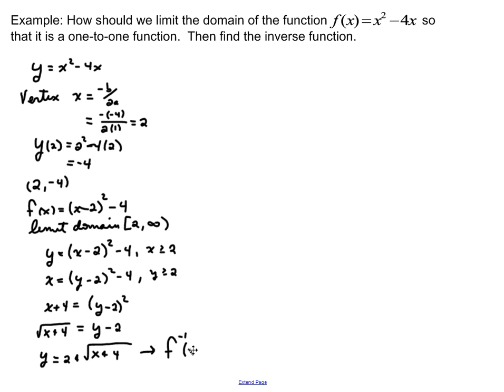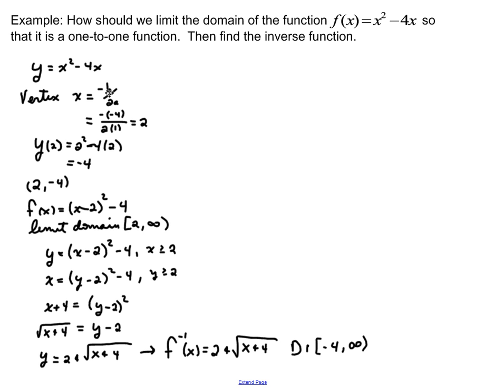The domain of this inverse function, 2 plus the square root of x plus 4, is the set of all values from negative 4 to infinity. Right, we set our argument x plus 4 greater than or equal to 0.